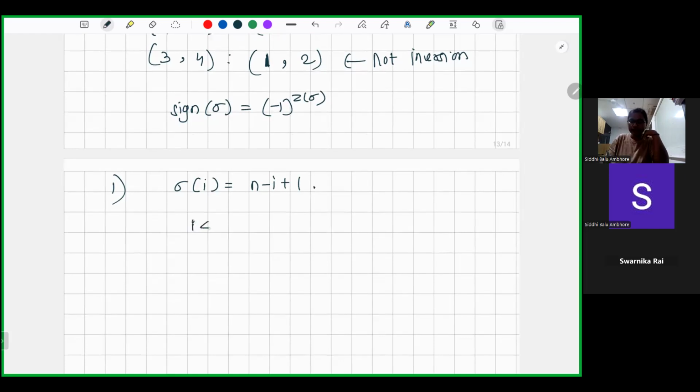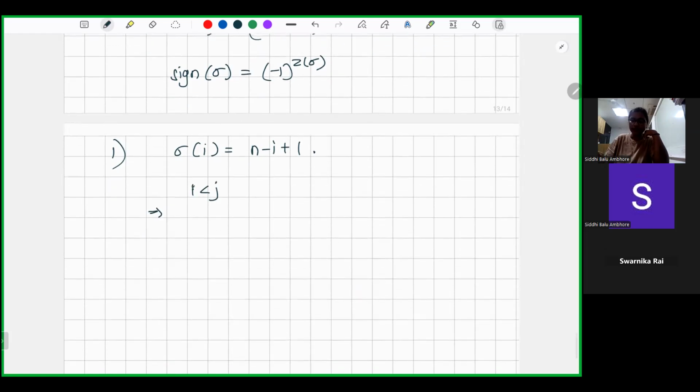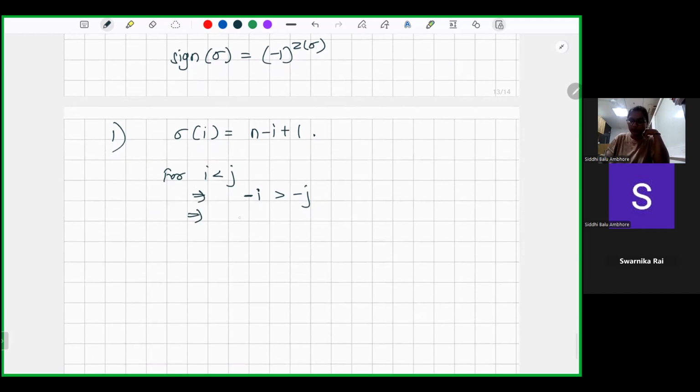For i less than j, note that minus i is greater than minus j, right? So this will imply that n minus i plus 1 will be greater than n minus j plus 1. So this will imply that sigma of i will be greater than sigma of j.